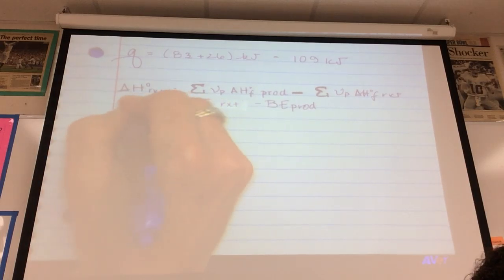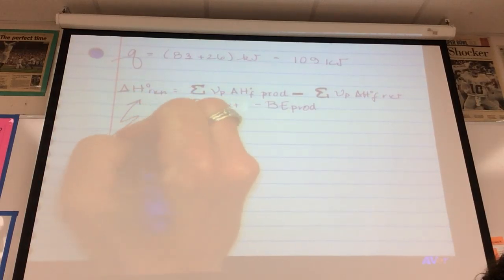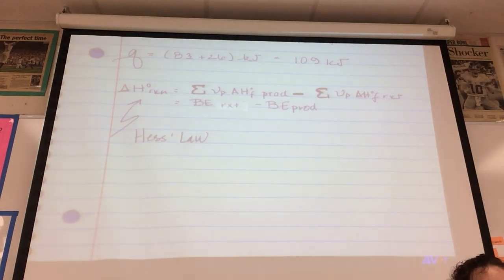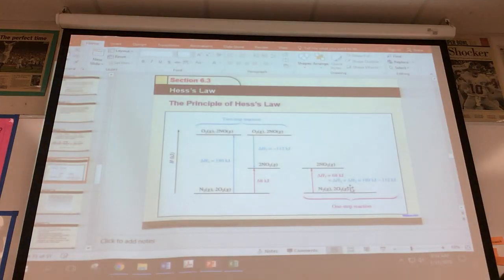Another way you can calculate delta H for the reaction is through Hess's law. The reason why you can do it is because enthalpy, as we've said, is a state function. It only depends on the beginning and the end. You can see this, and this is a little bit tricky of a diagram.